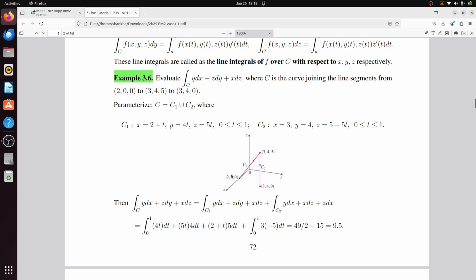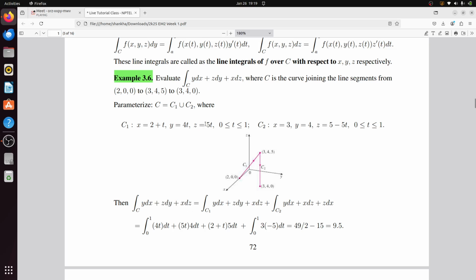Okay, so next y dx plus z dy plus x dz, you have to integrate over c1 as well as over c2. So on the first curve, your y will be 4t, and dx will be 1, so that is 4t dt.